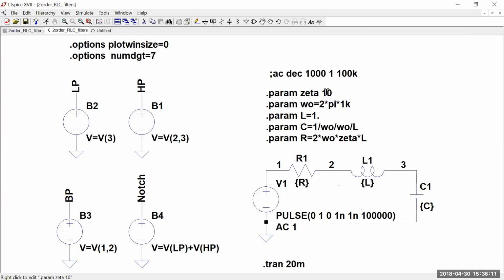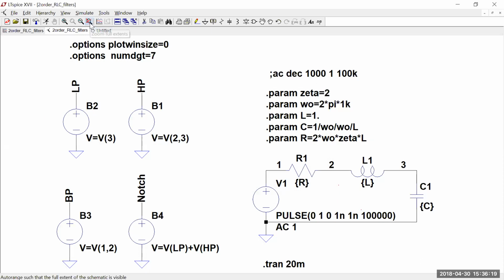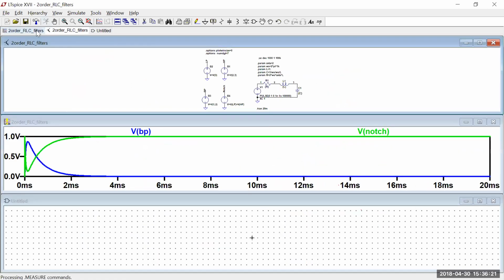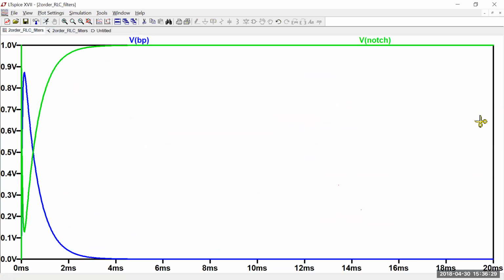But that's like with this, kind of a large value of that. But those two poles are a lot closer together, right? But even with a damping coefficient of 2, yep, you can see that it's not crossing at all.